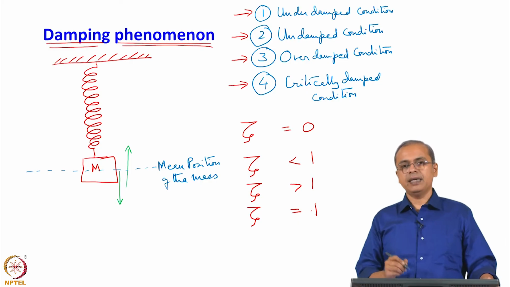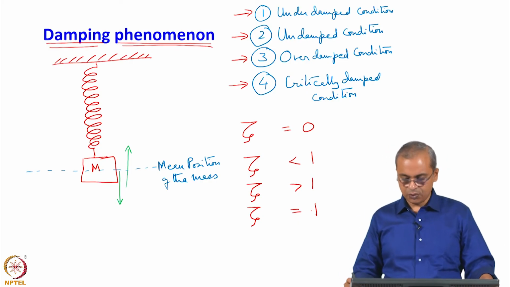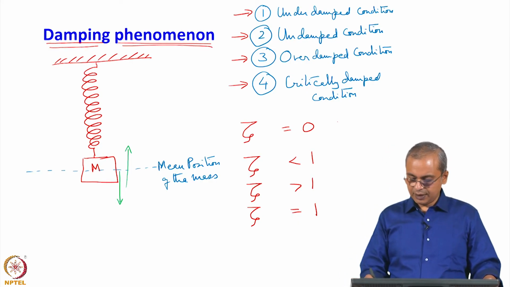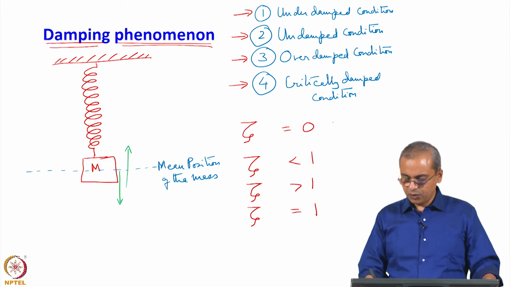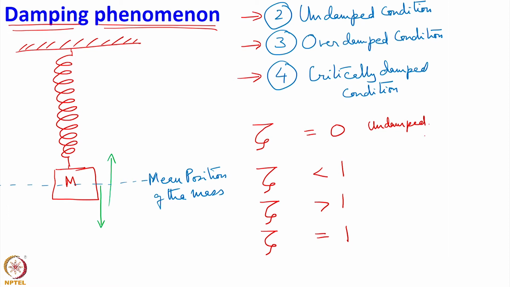So this is the damping ratio, so to speak. This is zeta is 0, undamped, this is underdamped, this is overdamped, and this is critically damped.